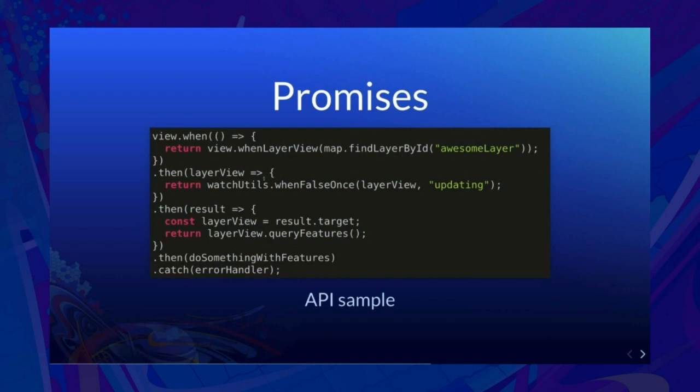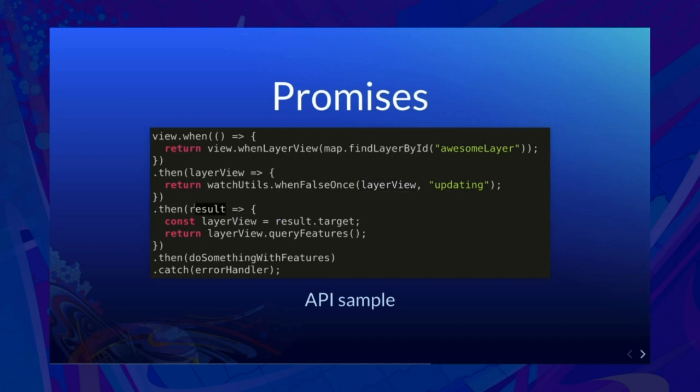So in this case here, I can do something like run view.when, and then I can ask the view to return a layer view for a layer on my map. When that layer view is ready, I can then go ahead and use the watchUtils helper whenFalseOnce to watch for the updating property of the layer view to be false one time. And because it only happens once, it's going to return a resolved promise.